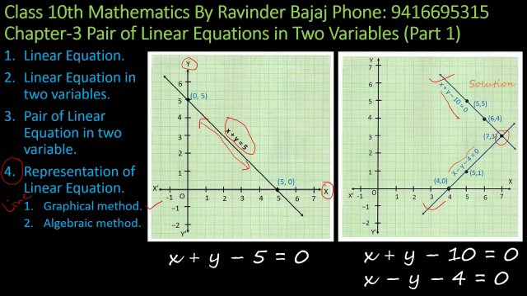On this point, we will say this is the solution. This pair has a unique solution, and it is this point. It is very important to understand. Now let's continue.